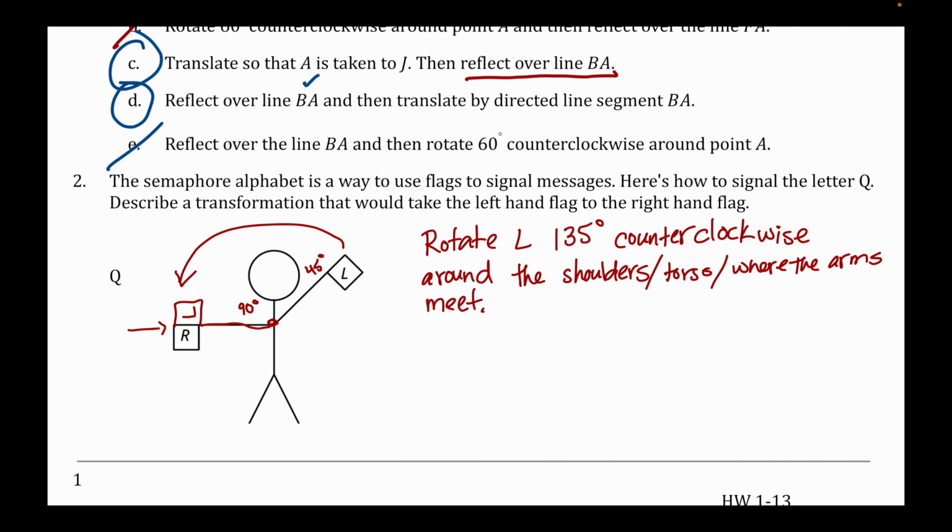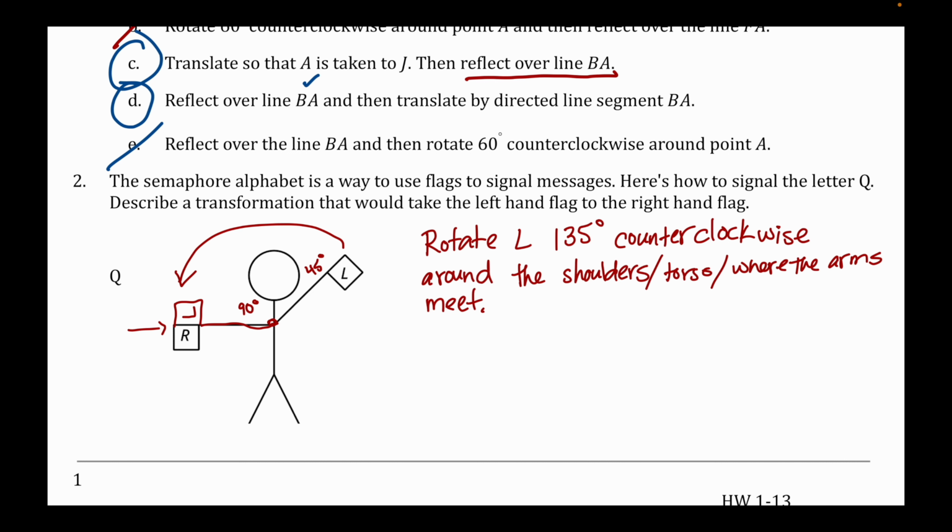Because that's really the central point here. We have a stick figure, so they don't really have shoulders. They just have where their arms meet. So we can describe it in one of those ways.